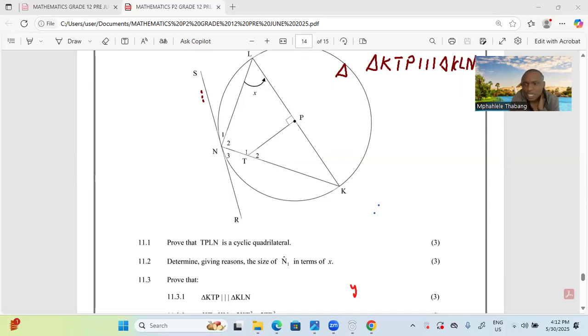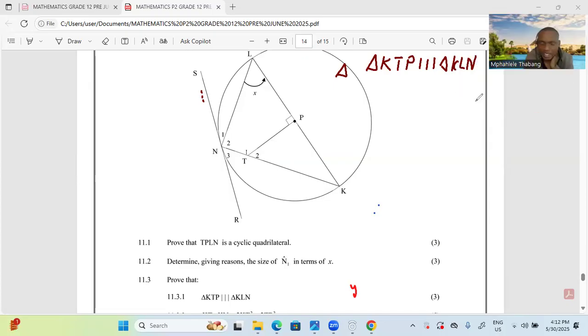So I'm going to say, okay, for these triangles to be similar, the angle K from triangle KTP. So let us go and look for this angle K in the triangle KTP.